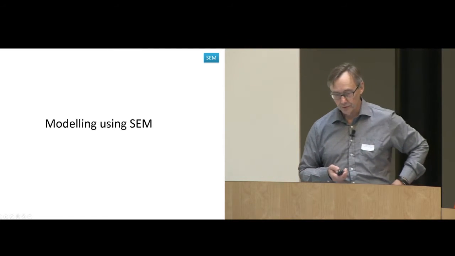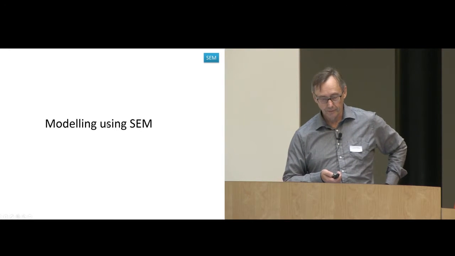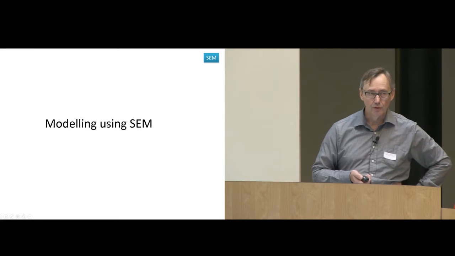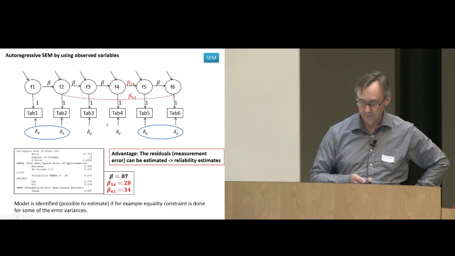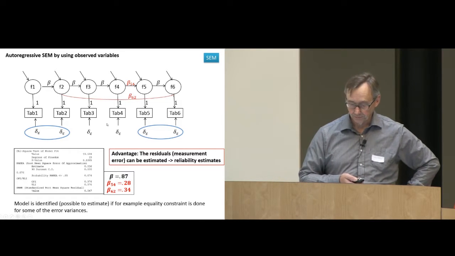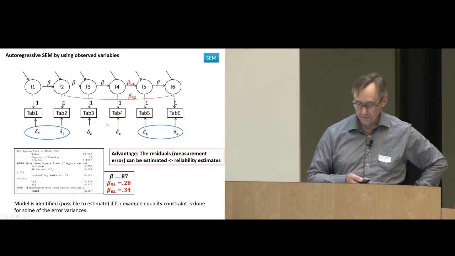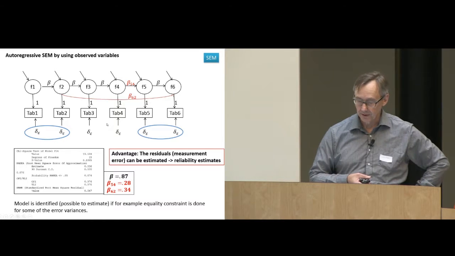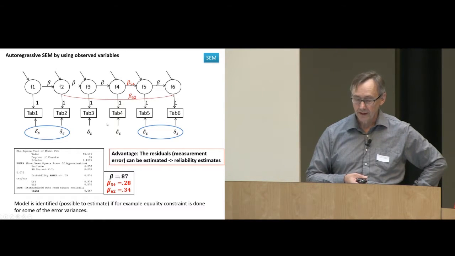I now show you some modeling using SEM, how you can continue. The first advantage in structural equation modeling is that when we use a latent structure behind the observed variables, we can estimate the error variances.